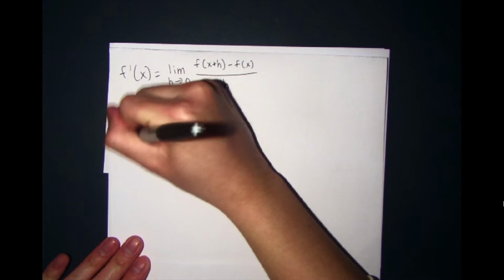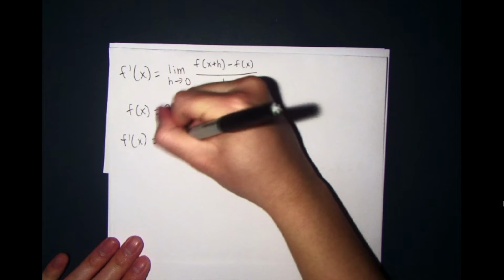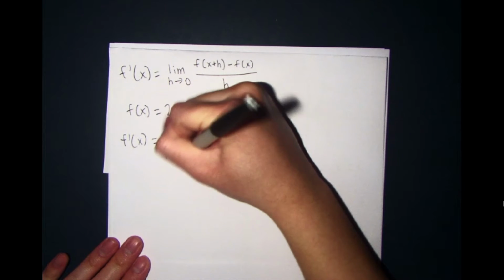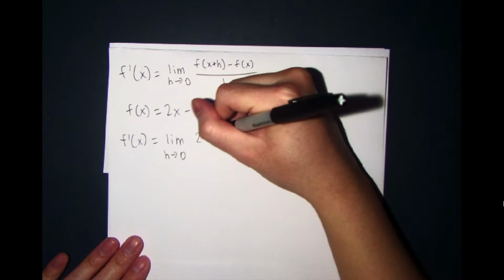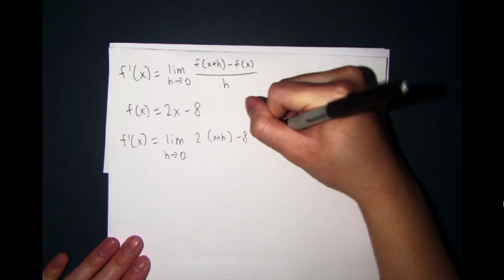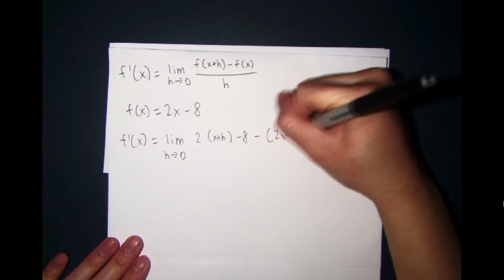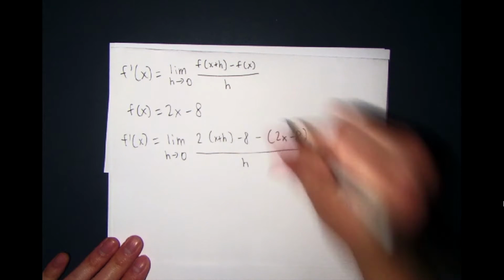So f prime of x, or the derivative of this function, would be equal to the limit as h approaches 0 of 2 times x plus h minus 8, minus 2x minus 8, all over h.